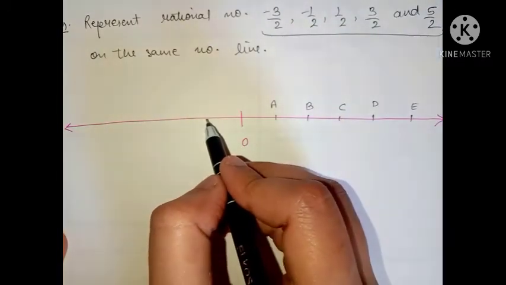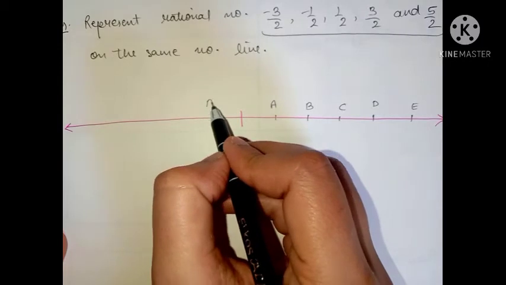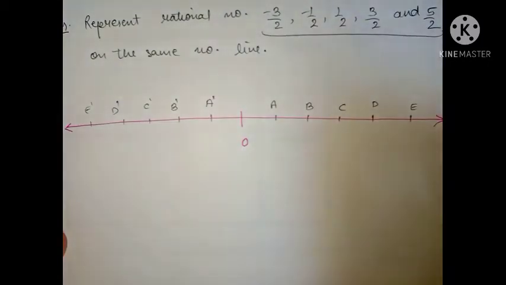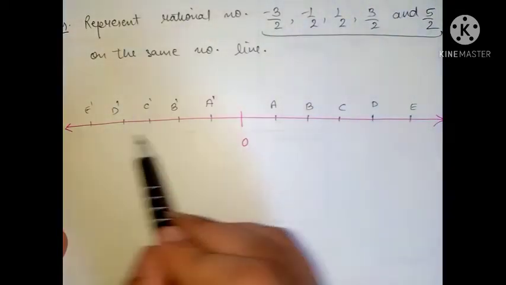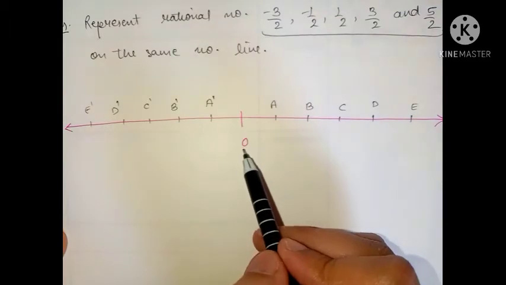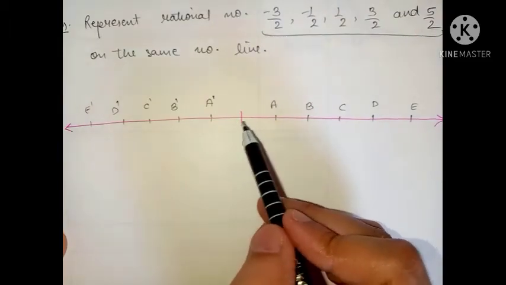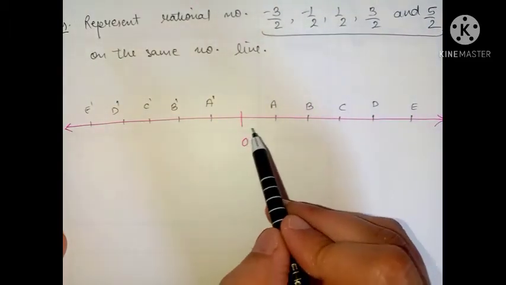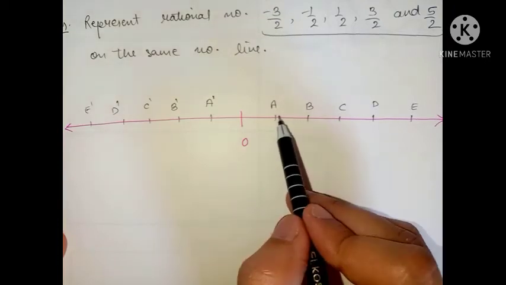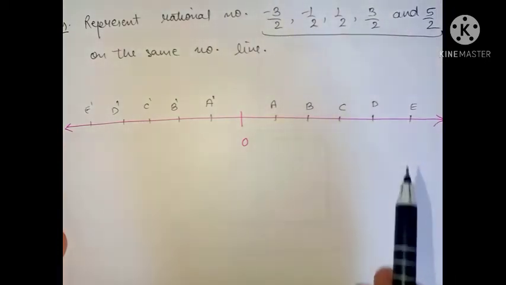Similarly, on the left hand side also we have to mark the numbers. You can name them with the help of some different alphabets also. So now you have done this. What we have done: we have taken a straight line, we have marked 0 in the middle, and on the right hand side we have marked points at equal distances and labeled them with some alphabets like this.